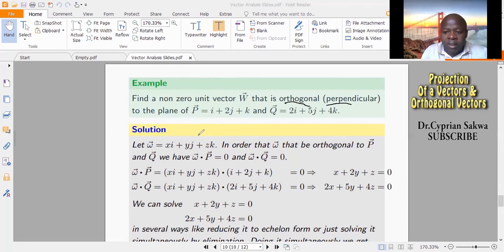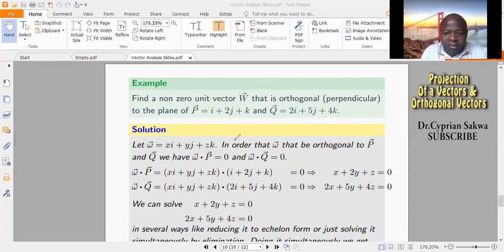So again, that one we covered in our video on dot products. So we say that vector A and B are orthogonal if their dot product is 0. So what does this question want? The question wants us to find a vector of one length that is orthogonal to P and Q at the same time.